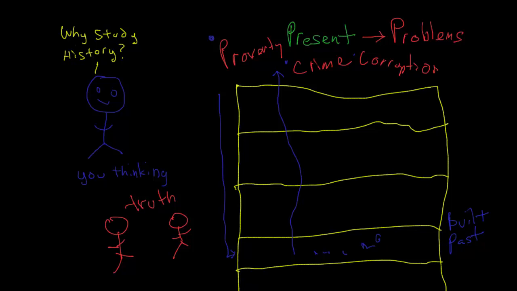The same is true with the problems that we face in the present. They were often caused by things that were built in the past, and we need to go back as best we can, ask some tough questions, and try to find out what really happened. The problem is when we hear different stories, how do we figure out who is telling the truth?